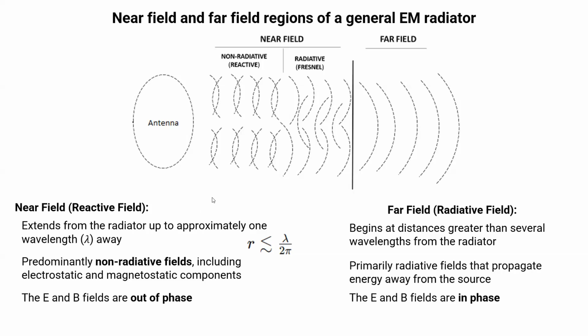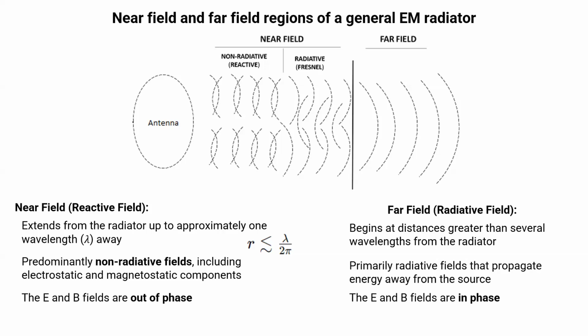And why are they not radiating? This is simply because for a field to be radiating, the electric and magnetic fields have to oscillate in phase. Only oscillation in phase makes the field radiating.